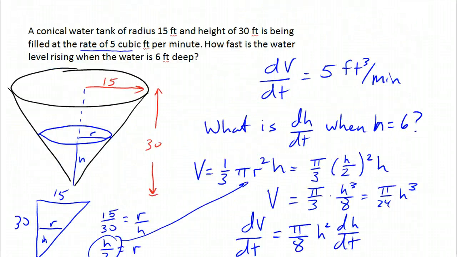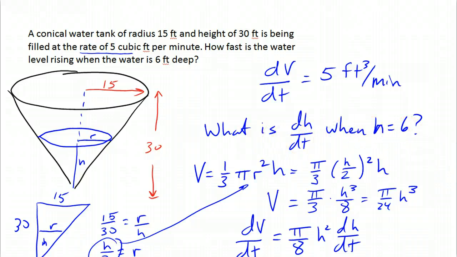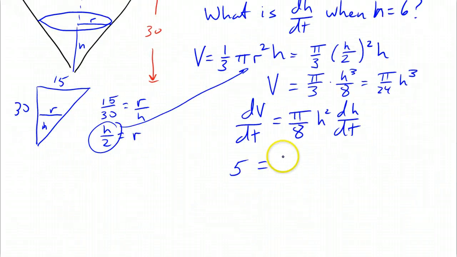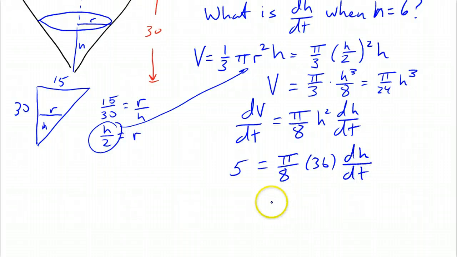And we want to know what is dh/dt when h is 6. So we put in 6 for h, and when I square it I get 36. And the only thing I don't know is the thing I'm looking for. So I'm going to get 40 over 36 pi is dh/dt.